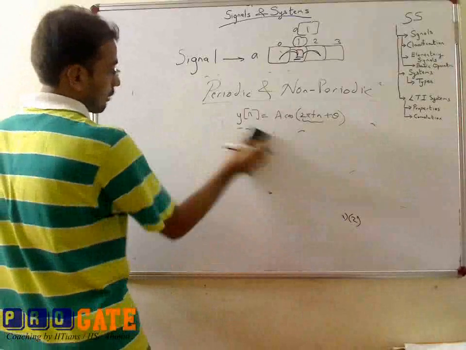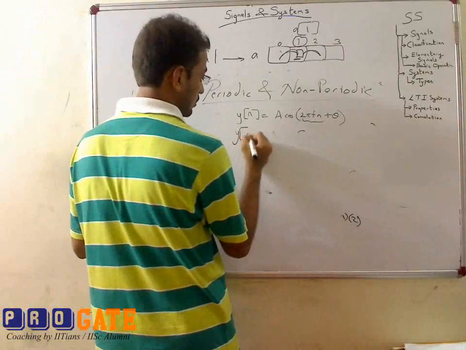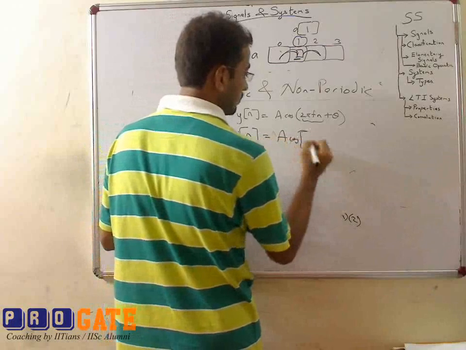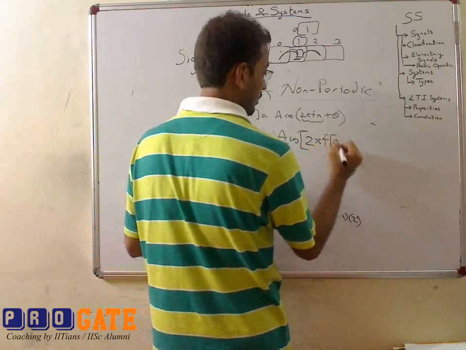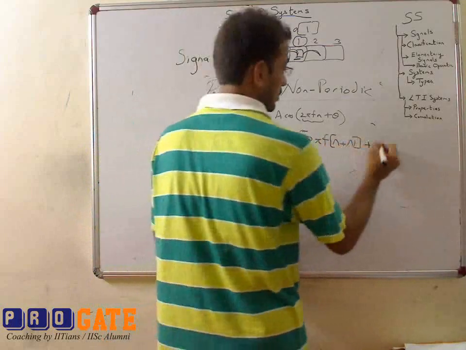Similarly, over here, I want to find out what is my period in discrete. So what I'll do, I'll take some value n, so n plus some capital N. I'm assuming this is my period.